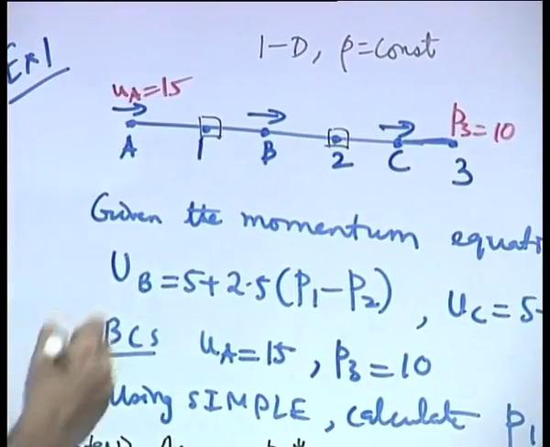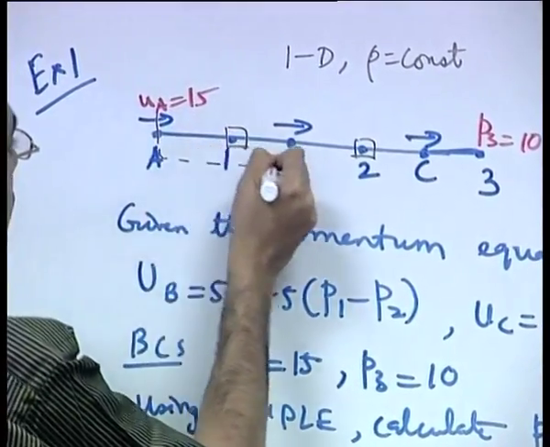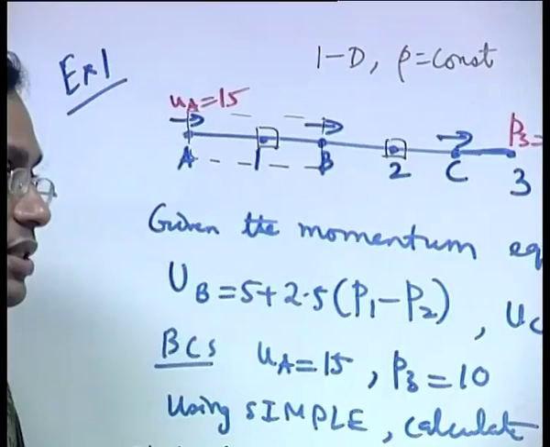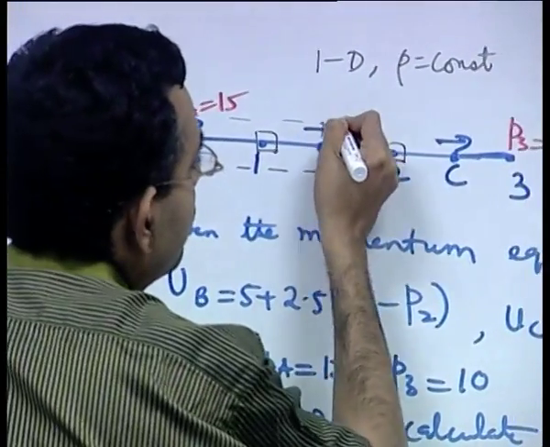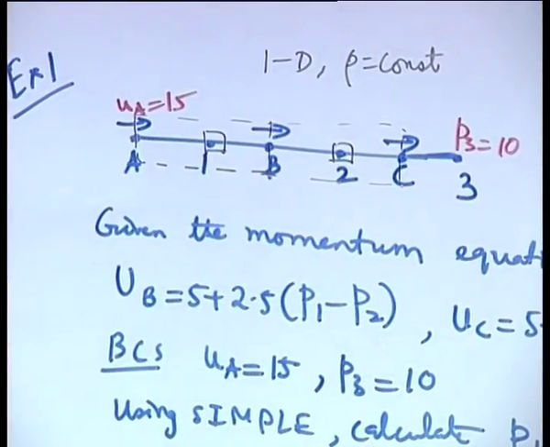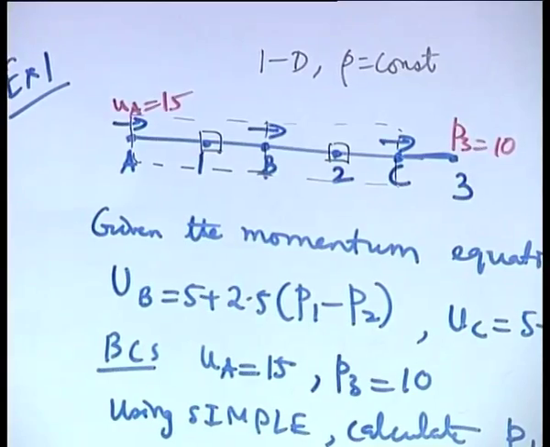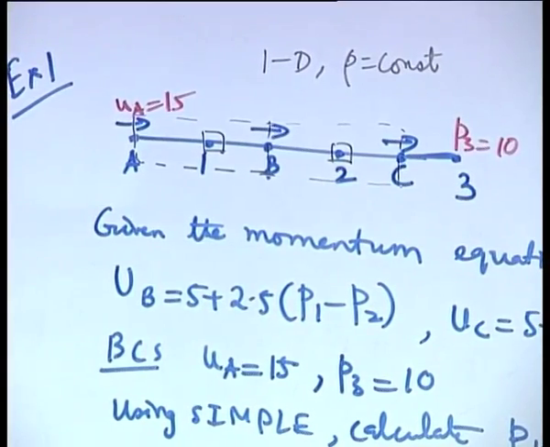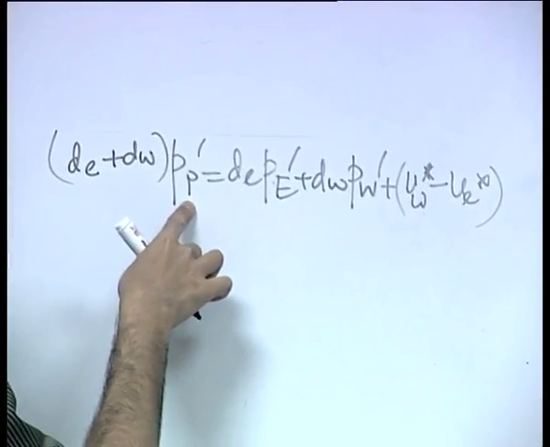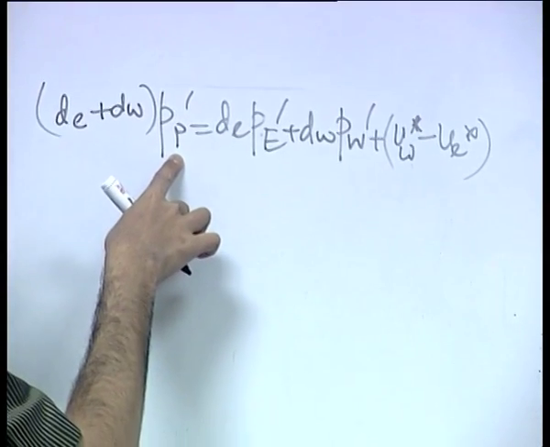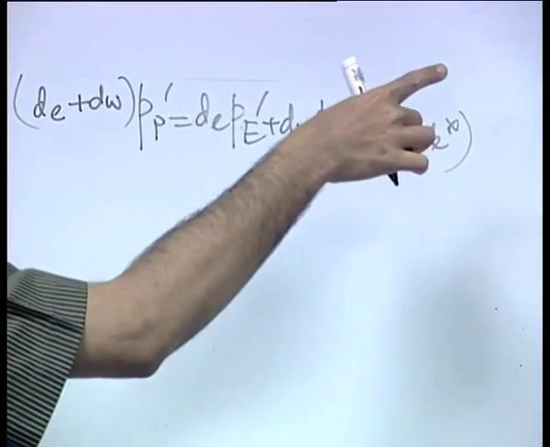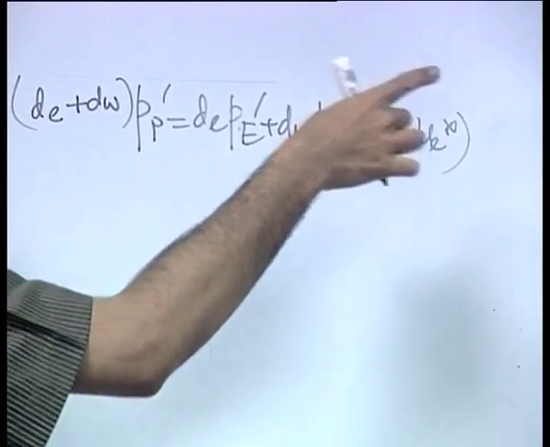So, you have one control volume for pressure correction as this, another control volume for pressure correction as this. So, if one is the point P, then what is E and small w? Capital A is small w and capital B is small e.